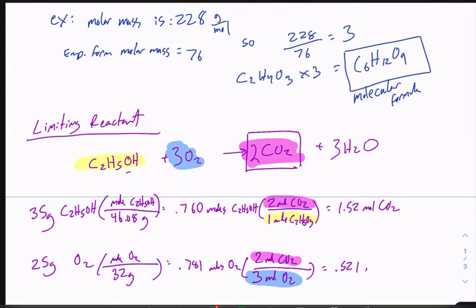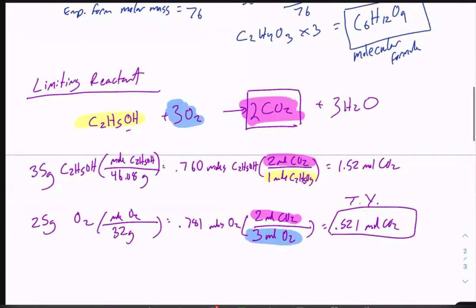That gives 0.521 moles of CO2. So now I have 2 values. Of course, they are very different, and you can only make as much product as your limiting reactant allows. So we are going to go with the lowest one. We call this the theoretical yield.